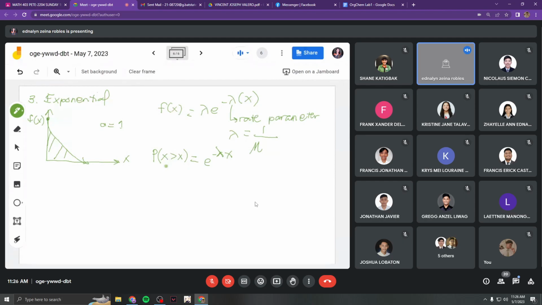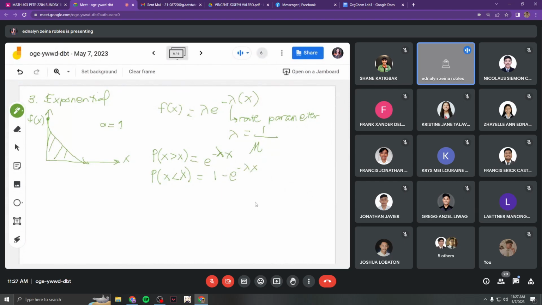If you want to get that the given number is less than x, it is equal to e raised to negative lambda x. And if you want to get x, it is equal to 1 minus e raised to negative lambda x.